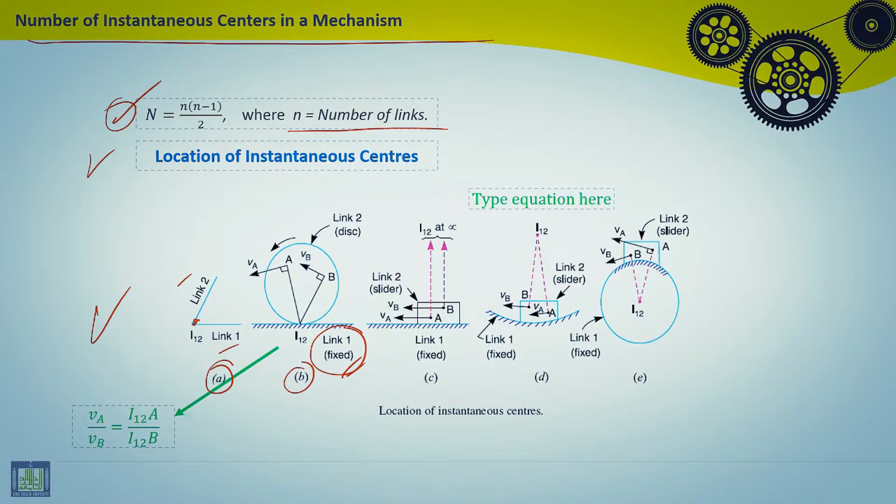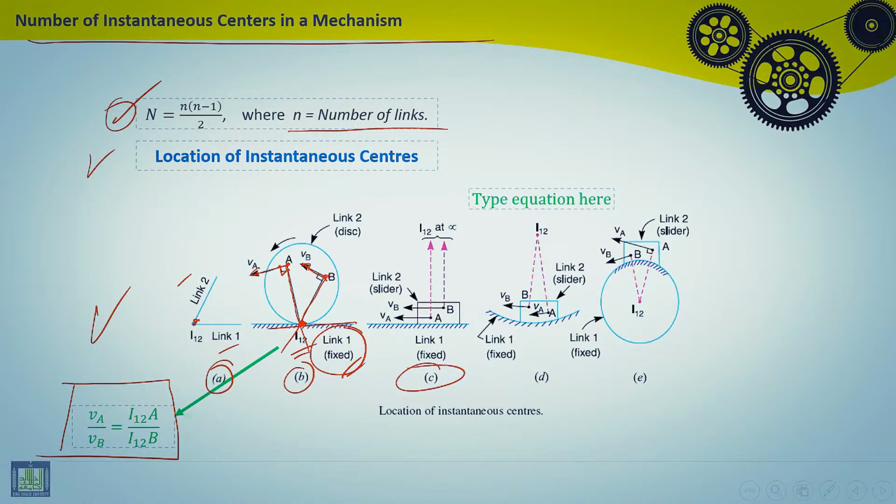So if we take point A and point B fixed on the solid link 2, VA should be perpendicular to AI, and the same thing for B. Okay, the contact point between the roller and the ground is the instantaneous center of rotation, and we use this formula: VA divided by VB equals I12A divided by I12B.